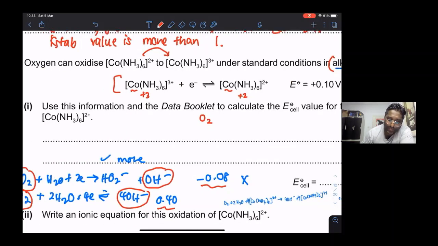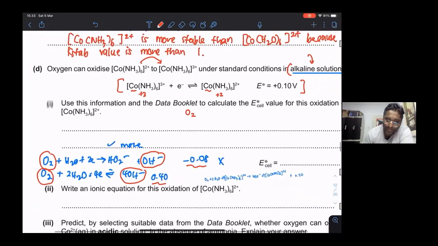So cobalt in this case is +3 to become +2, which means it's supposed to be the other way around. So in order to get this equation to go the other way around, this reaction should not go this way, it's supposed to go to the left.